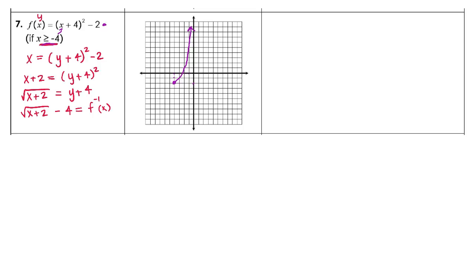Now with that inverse, we do need to look at the domain a little bit. Looking at this, the only way this is going to exist is if x stays greater than or equal to negative 2. So that's going to give us a good place to start. If we substitute in negative 2, then we're going to get 0 minus 4, which is going to be negative 4. So we're going to go back to negative 2, and we're going to go down to negative 4.